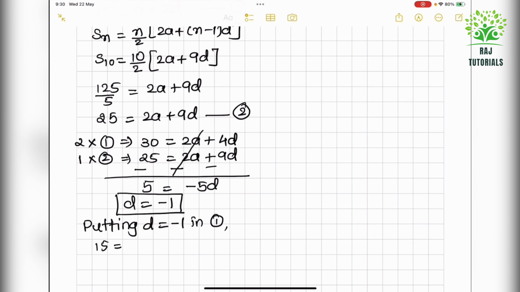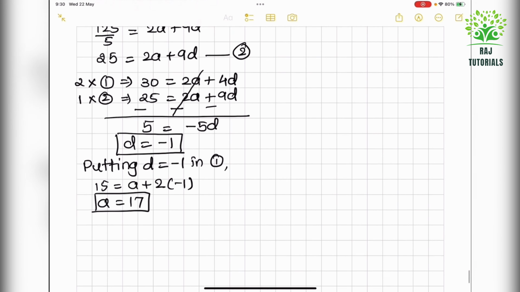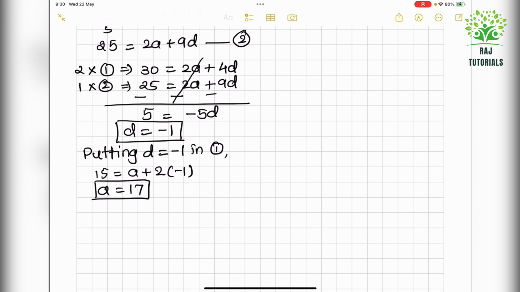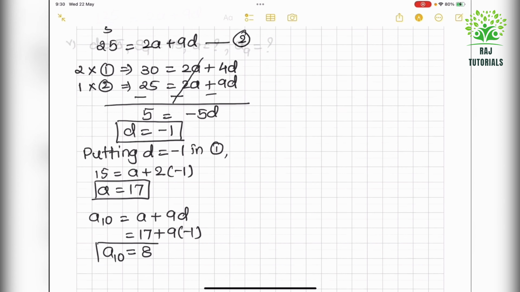So 15 equal to A plus 2 into minus 1. So A equal to 17. Now I got value of A, I know value of D. So they have asked me A10. So A10 will be A plus 9D. So A is 17 plus 9 into minus 1. So that will be 8. So A10 is equal to 8.